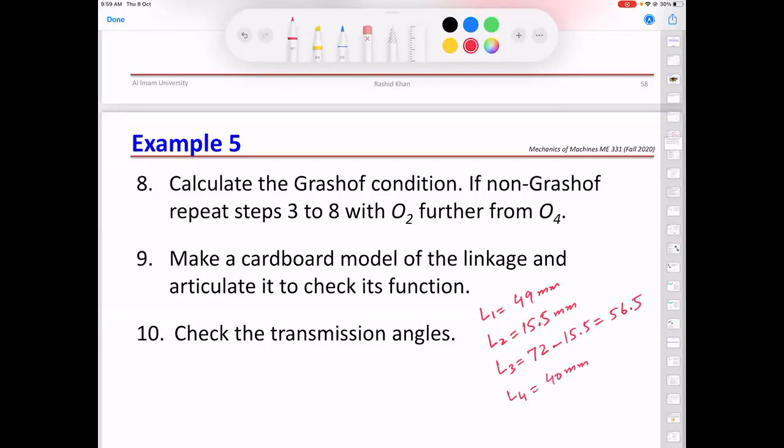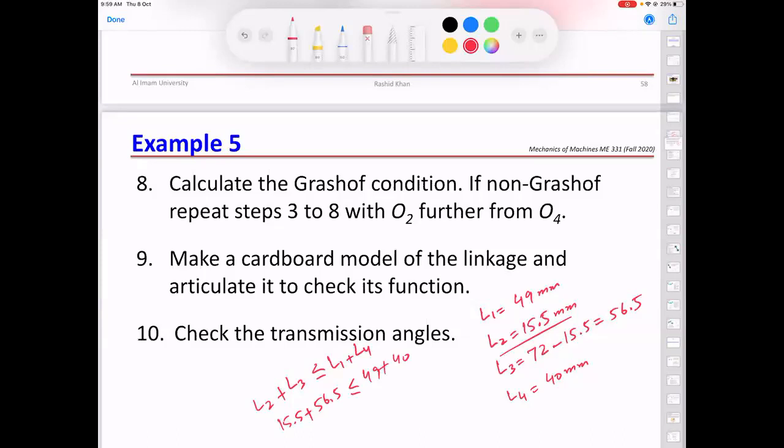Okay. So we have the minimum L2 and the maximum L3, which should be less than or equal to L1 plus L4, okay? So L2 is 15.5, L3 is 56.5, compared with 49 plus 40.